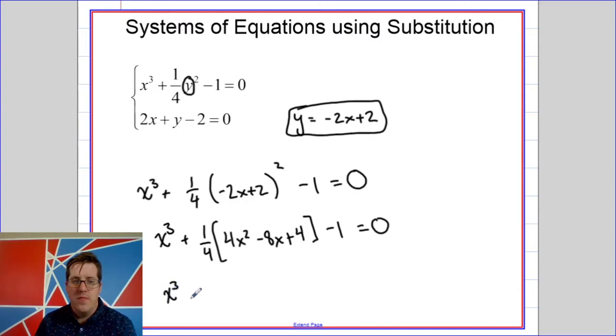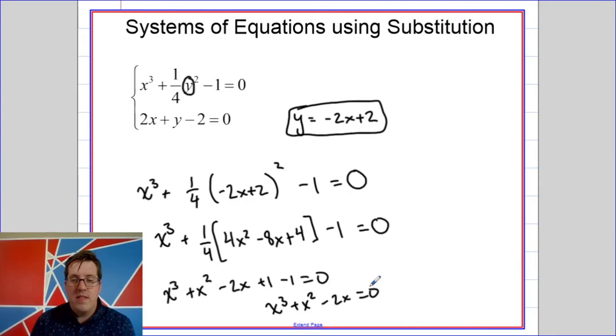X cubed plus x squared minus 2x plus 1 minus 1 equals 0. And that simplifies down to x cubed plus x squared minus 2x equals 0.